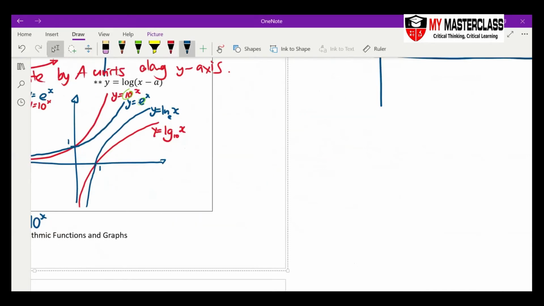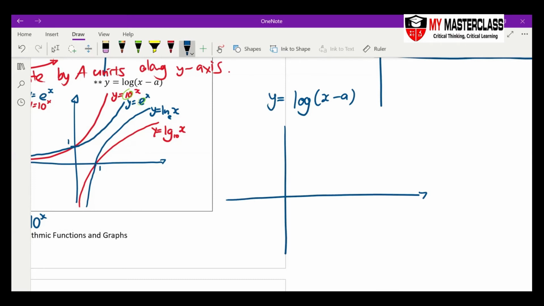And this last one, Y equals log. It doesn't matter what the base is, so that's why I didn't write the base. Log anything of X minus A. This is something I want you to know. From here, you should know that this is Y equals log X. There will be 1 here because log 1 gives you 0.